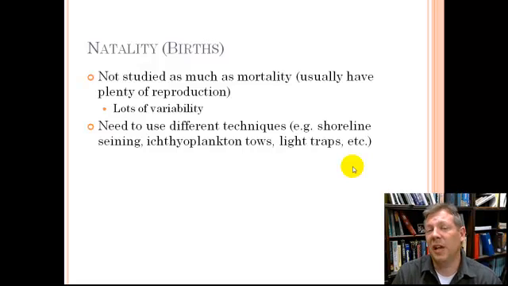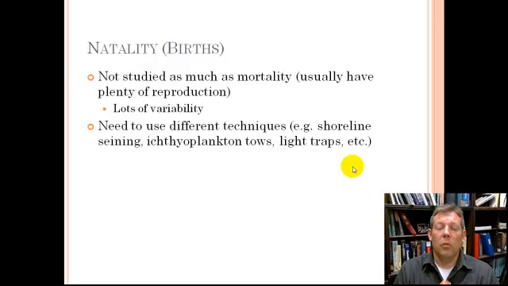It's easier to standardize the effort maybe. Also, we're mostly interested in the adult fish. We're looking at fish that people can catch or eat. And the adult mortality rates tend to be more steady. So that's why we tend to focus more on adult fish. But we can't forget about recruitment, and we can't forget about reproduction, and we need different techniques. Understanding this will give you a more full understanding of your fish population.